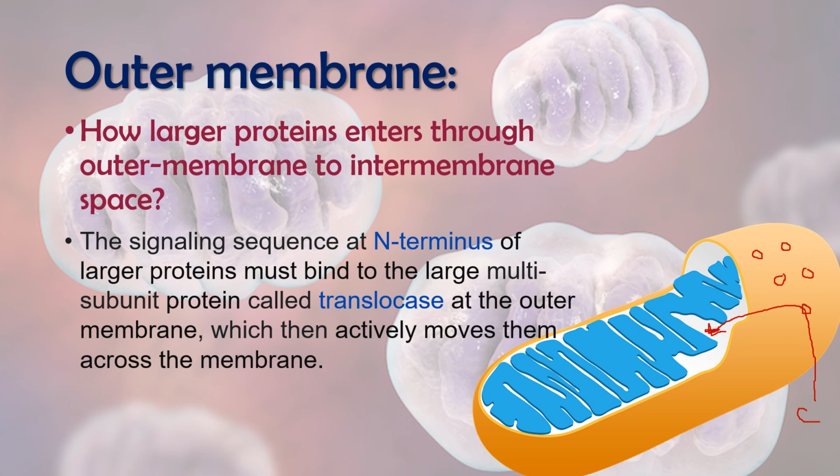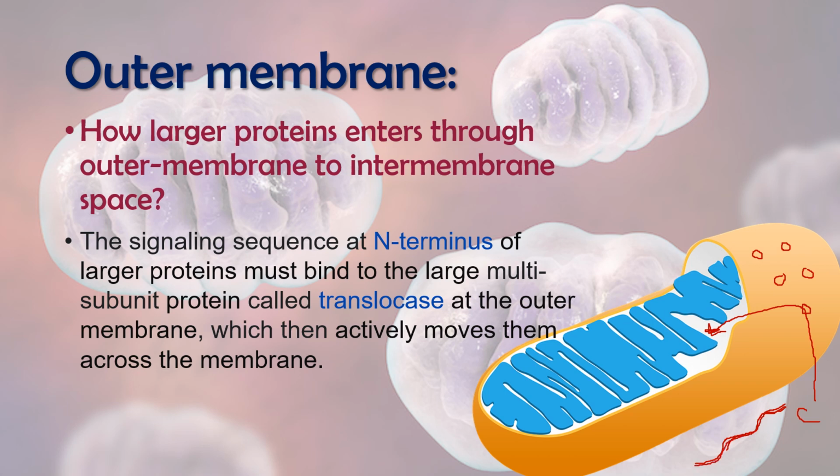Small molecules, ions, and metabolites can easily pass through porins, but large proteins find it difficult to pass across the outer membrane. So large proteins need some extra effort to cross the outer mitochondrial membrane. If a large protein has to be transported across this outer membrane, what does it need to do?